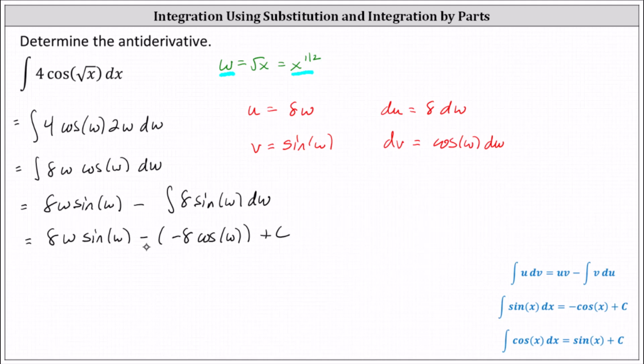Of course, subtracting a negative is equivalent to adding a positive, giving us 8w sine w plus 8 cosine w plus c. Be careful here, we're not done.